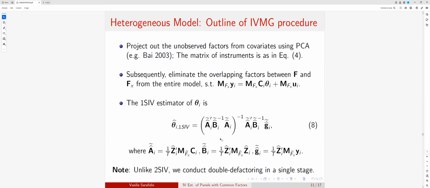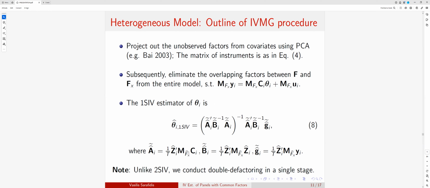Note that unlike the pooled estimator, here we essentially conduct double defactoring in a single stage. That is, we use f_x or M_fx hat to defactor not only the instruments but also the entire model.